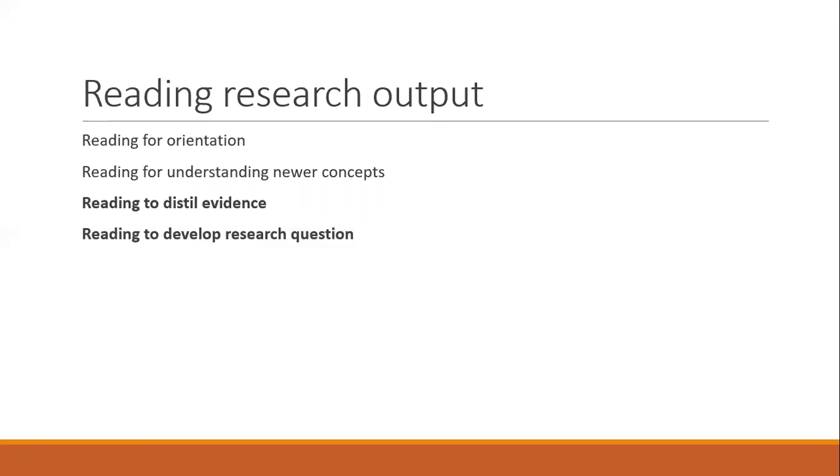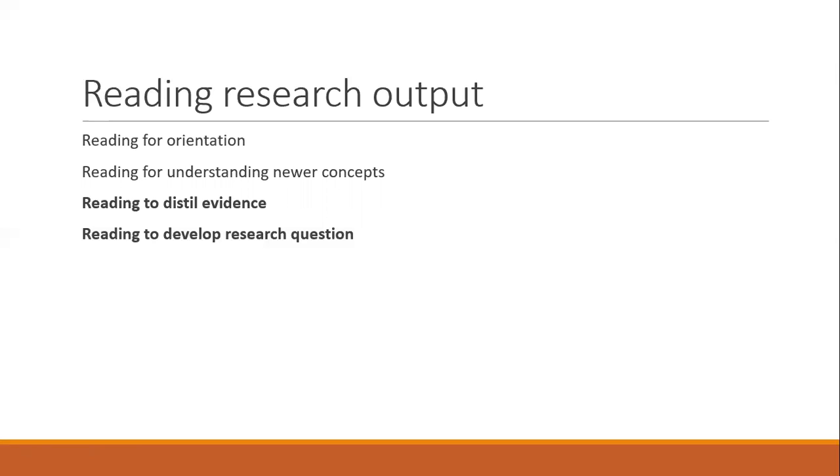Then you're reading to understand newer concepts. Understanding newer concepts, you would use something like a rapid review or a structured review. You are reading it, you're not thinking too much about the research rigor perhaps, but you're seeing if the article has structure, if the article has a clearly articulated research question. So you're doing some part of this.